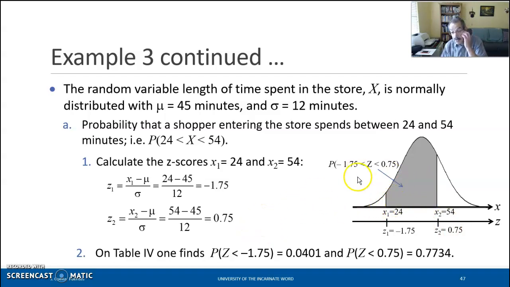All right, so once we get an idea of what probability we're looking for, then we go into table 4 and we find the probability that z, the random variable z, is less than minus 1.75, and you will find that that's 0.0401. And then the probability that the random variable z is less than 0.75, and you will see that that's 0.7734. And if you remember from the previous part where we have the probability that a random variable is between two values, we subtract the smaller probability from the larger probability.